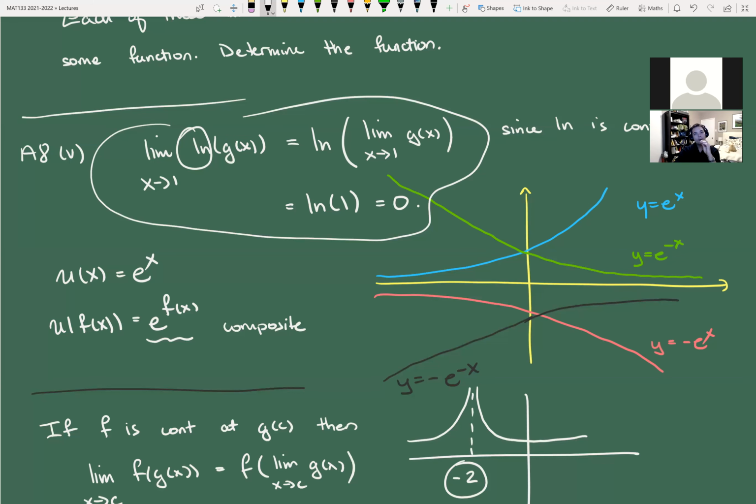How would I want to describe h of f of x? Oh, sorry. It's just asking at x equals 0. Sorry, that's a little bit better.